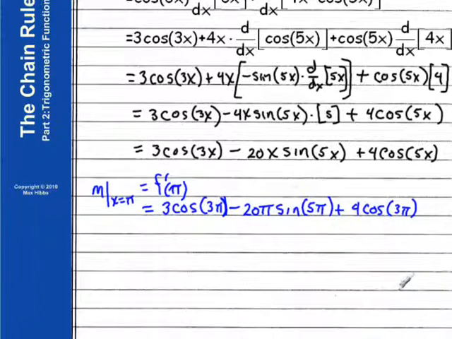Before we go much further, we need to decide how we're going to calculate the cosine of 3 pi, the sine of 5 pi, and the cosine of 5 pi.